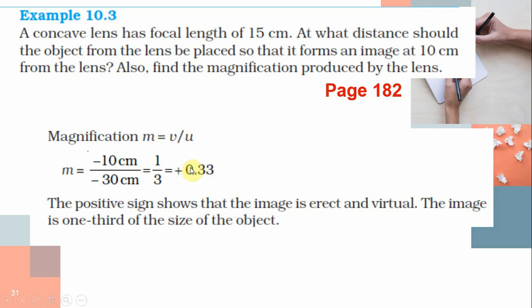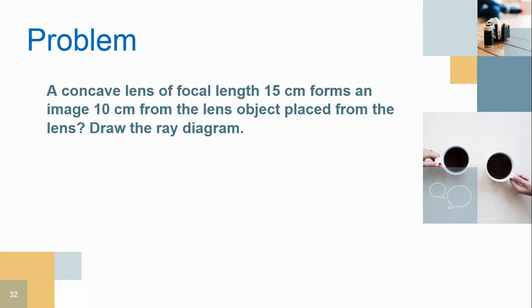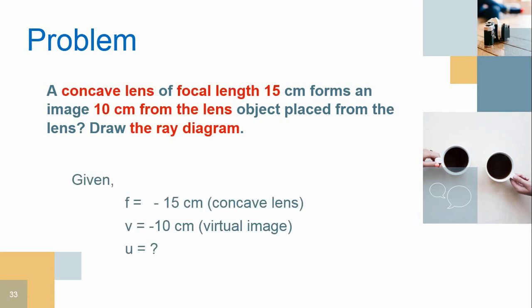And the next problem: a concave lens of focal length 15 centimeter forms an image 10 centimeter from the lens. Where is the object placed from the lens? Draw the ray diagram. From this problem, the lens is a concave lens and the focal length is 15 centimeter. Here F is equal to minus 15 because the focal length of a concave lens is always negative.